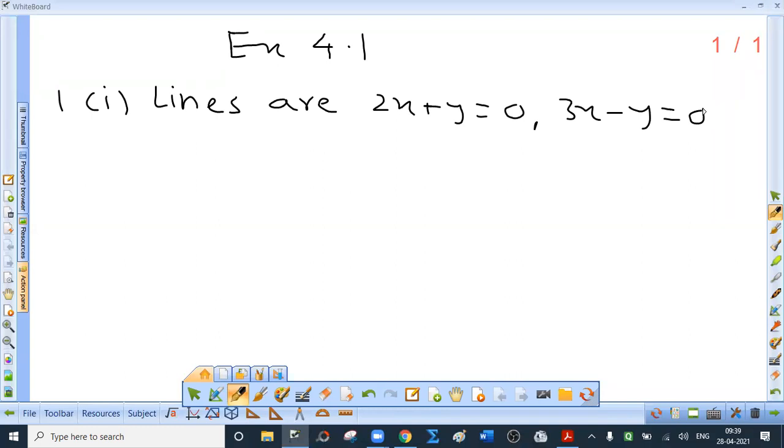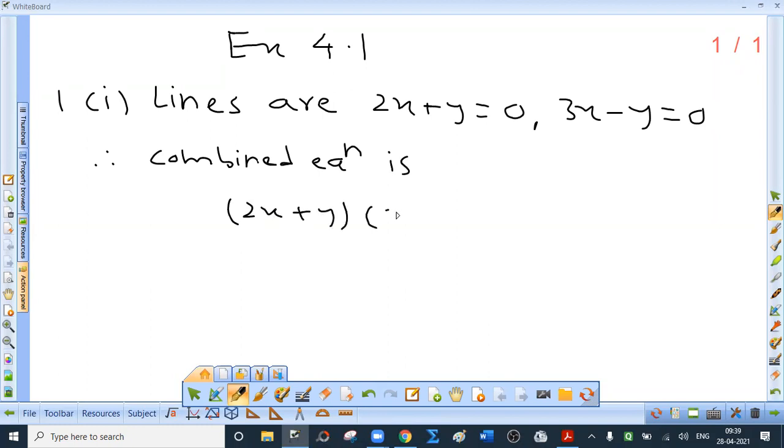Therefore, combined, that is, the joint equation is 2x plus y into 3x minus y equal to 0. That's it. That means, of course, you have to open the bracket.